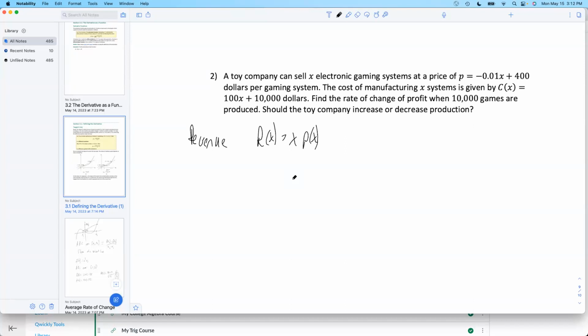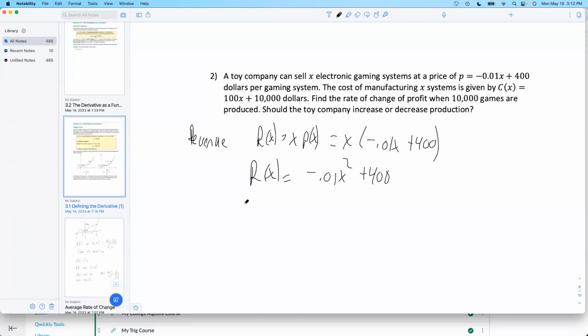The revenue you bring in is the number you sell times the price you sold them at. So in this case, that would be x times negative 0.01x plus 400. And we could clean that up a little bit and see that's negative 0.01x squared plus 400x.